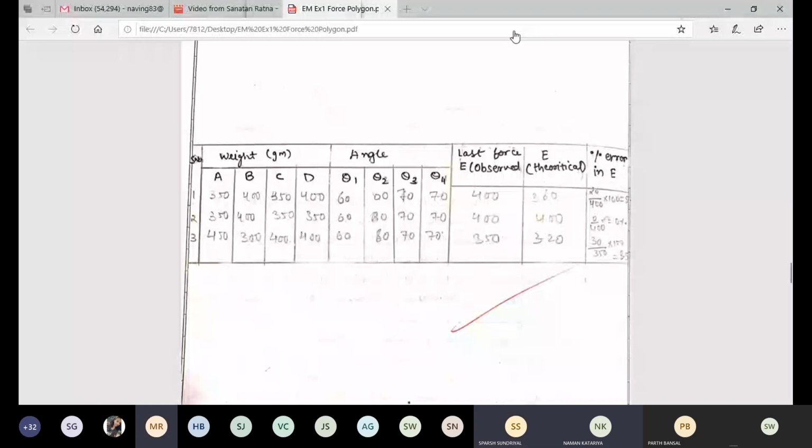Sir, polygon for first two readings or only for first reading? First two readings. You have to make it for first two readings. Third reading you can make later on.